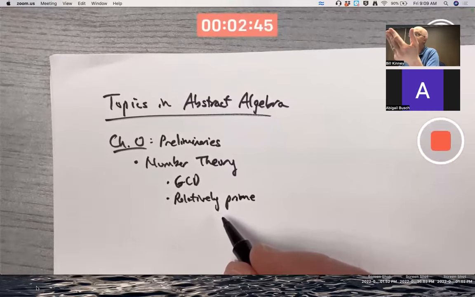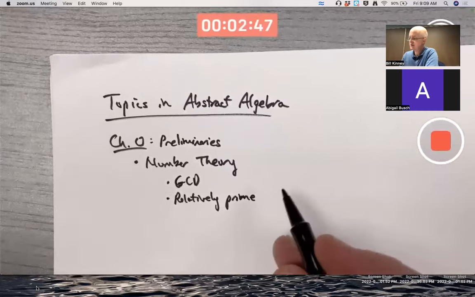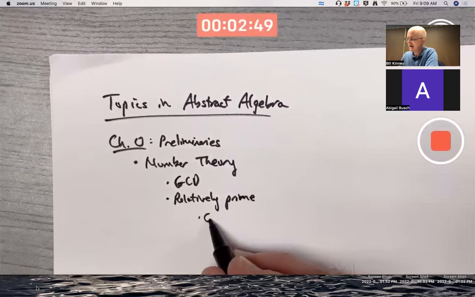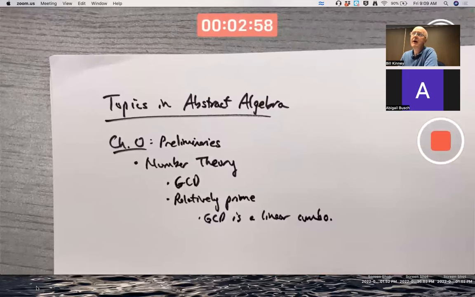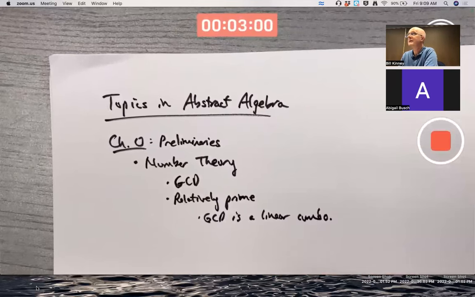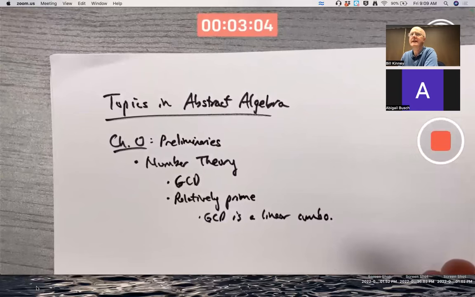And actually, a third way to think of it, in relationship to the GCD as a linear combination theorem, is that two positive integers are relatively prime if and only if there's some integer linear combination of them that equals 1, right?